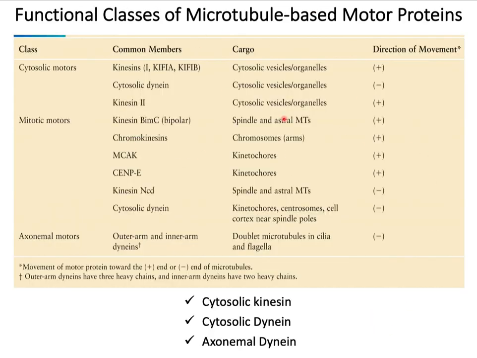Here is a table that takes home the point that this is a huge family of proteins. You have microtubule motor proteins that function in the cytosol. You have specific motors that function during mitosis. There are specific motors that function in the axoneme, which is a part of the flagellum or cilium. So we are going to look in general at the cytosolic kinesins, the cytosolic dyneins, and the axonemal dyneins.